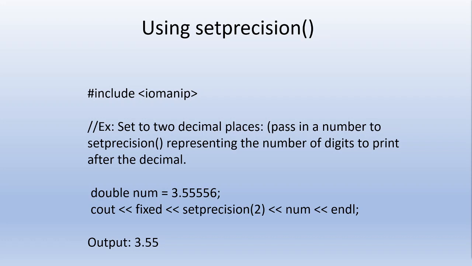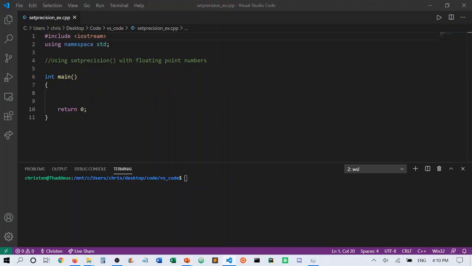So in order to use set precision, I'll briefly go over it here and then jump into VS Code and show you how it works. You'll need to include the I/O manipulation library, the input-output manipulation library, and this will allow us to call set precision. Set precision is a function which takes in some integer value, and that integer value represents the number of digits that we're going to print after the decimal back to the user in the terminal.